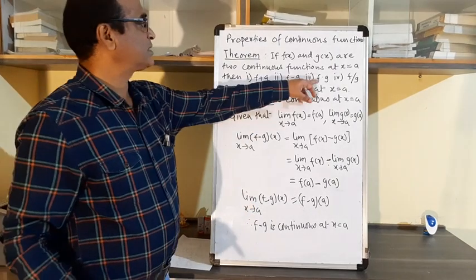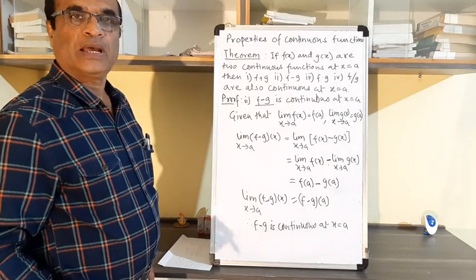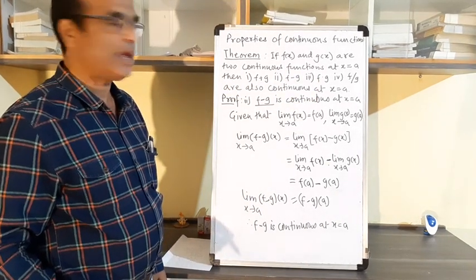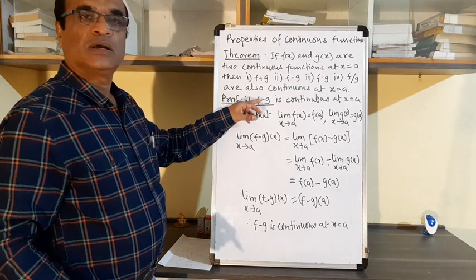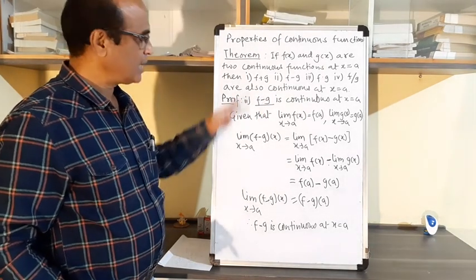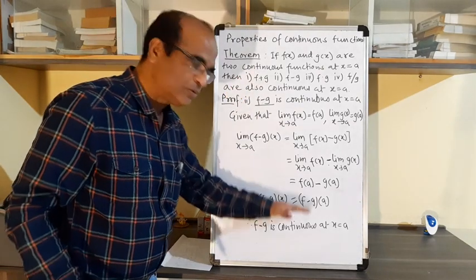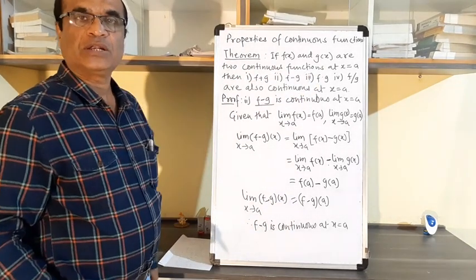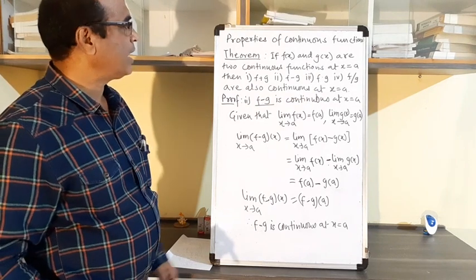So we prove this third property here. So f dot g is also continuous at x is equal to a. So we write the operation multiplication instead of minus, and we can easily prove that f dot g is also continuous at x is equal to a.